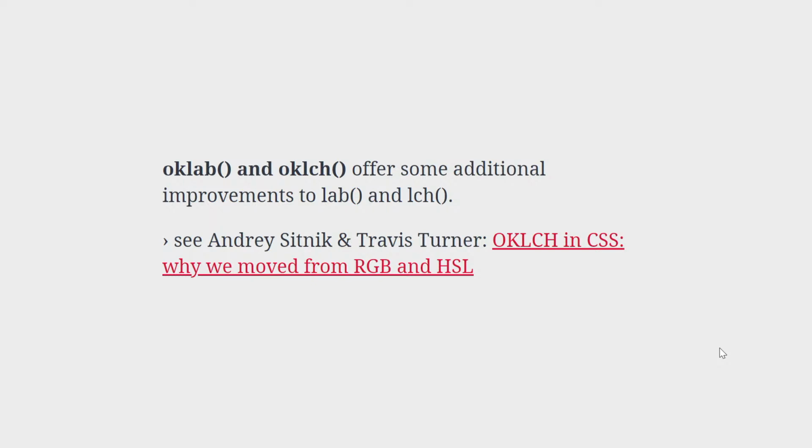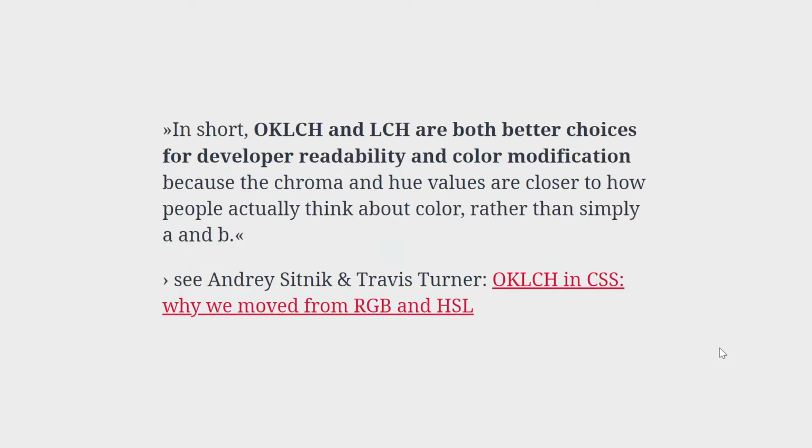Next to lab and LCH, there are also 2 other new color functions, OKLab and OKLCH. They are supposed to be better. If you try to read up on this, it gets very technical and very irritating. So in short, the experts who have read up on this say both are better choices for developer readability and color modification.